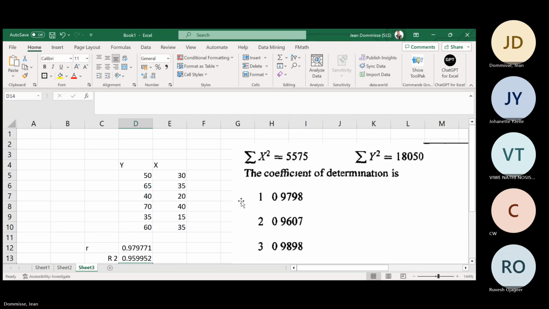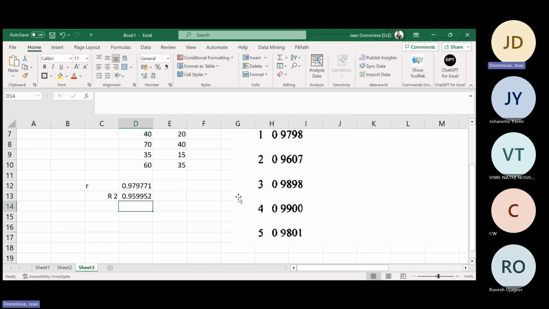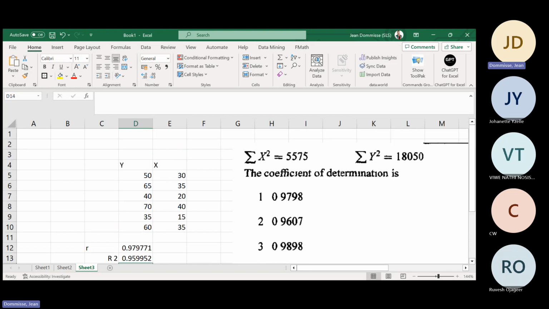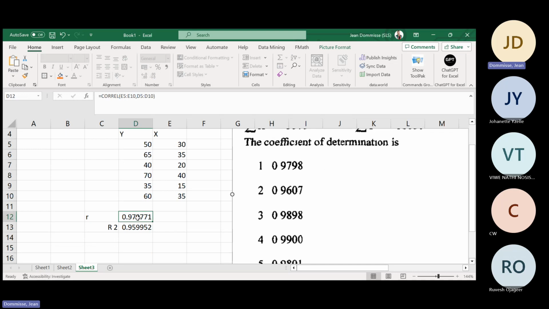So nothing really in this one is adding up. It just shows you, and it doesn't matter really which data is where, it will stay the same.